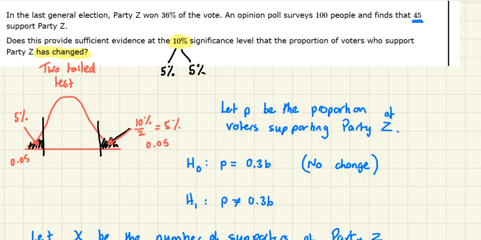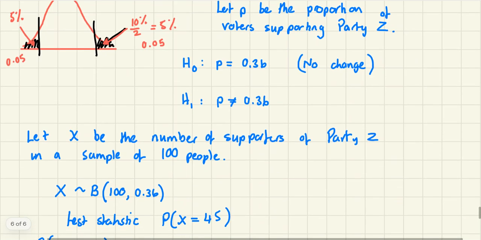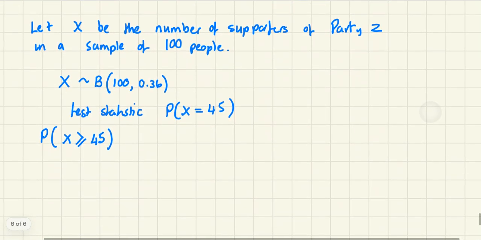So we're now going to poll 100 people, and we now get 45 people. So is 45 a significant enough change, is what we're saying. All right? So the statistic that we're testing is X being 45. All right? So we're going to try and find the probability that X is greater than or equal to 45.